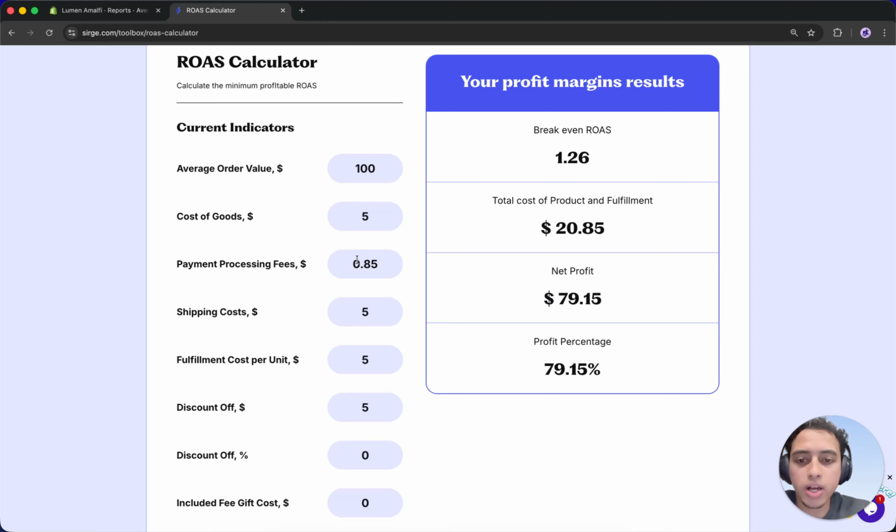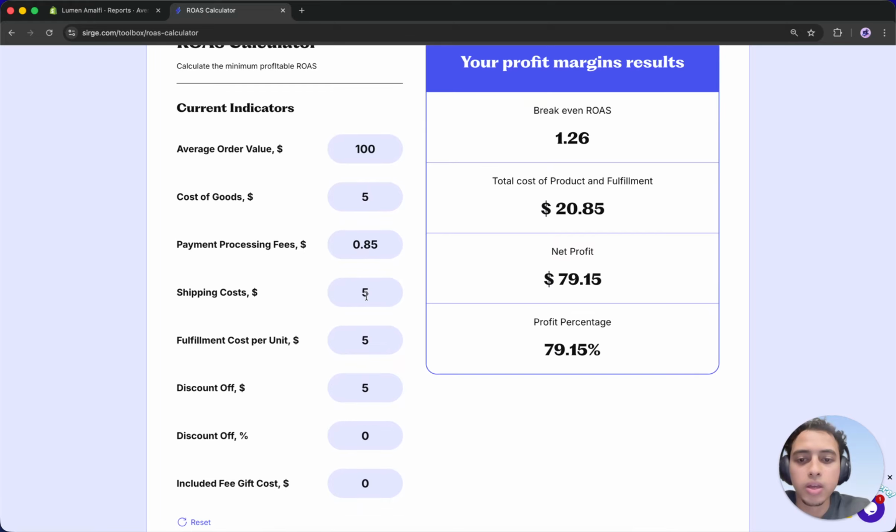Then we have payment processing fee. You can leave this at 0.85. Shopify charges anywhere from 2.5% all the way to, I believe, 2.9, depending on where that payment was processed. But 0.85 is a good in between. So just leave this box the way it is. Your shipping cost: this is what it costs for you to ship that product to your customer.